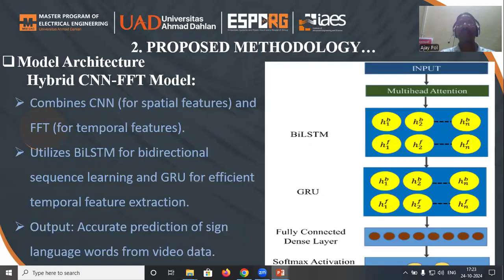The extracted video features are then fed to two different types of recurrent neural network architectures, bidirectional long short-term memory, BiLSTM, and the gated recurrent unit based model. These RNNs are chosen for their ability to capture the temporal dependency in sequential data. Along with the video frames, the corresponding words or labels in the sign language are provided as input to the model.